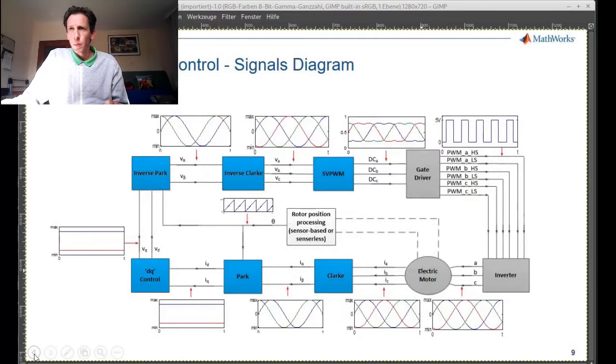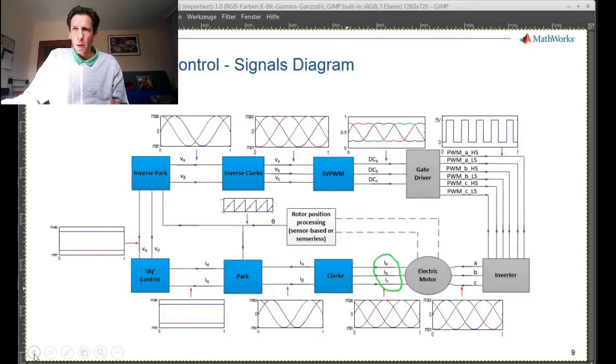The motor is turning, and it generates currents, or currents go into the motor. And we measure these currents. In fact, it's efficient to only measure 2 because the third one is just linearly dependent on the other 2.